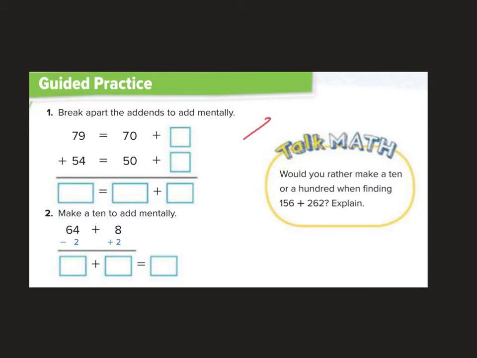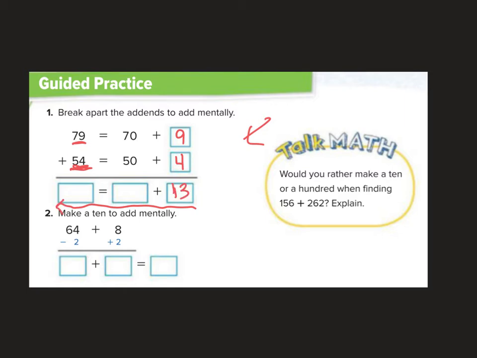All right, let's look at the guided practice here. For the first one, we're going to be using expanded form to add mentally. So I'm going to break 79 apart into 70 plus 9. I'm going to break 54 apart into 50 plus 4. Now we're going to work this way to add them back up. So 9 plus 4 is 13.